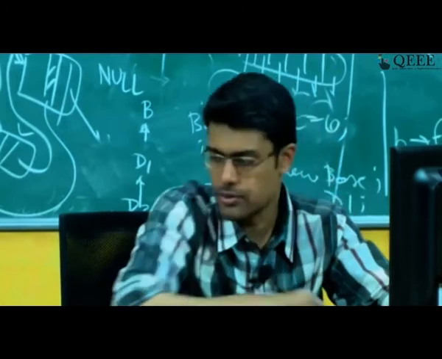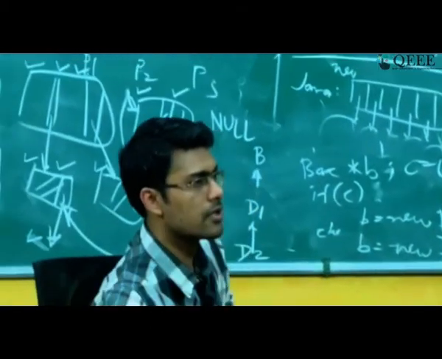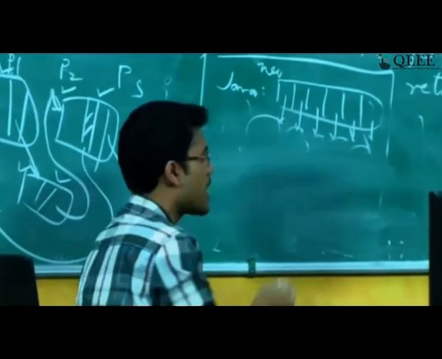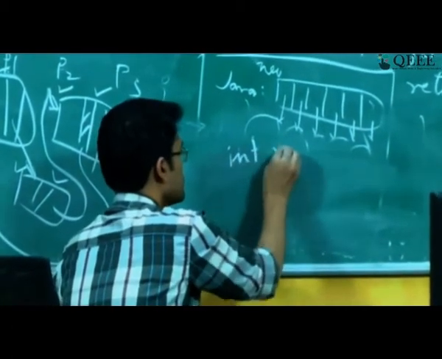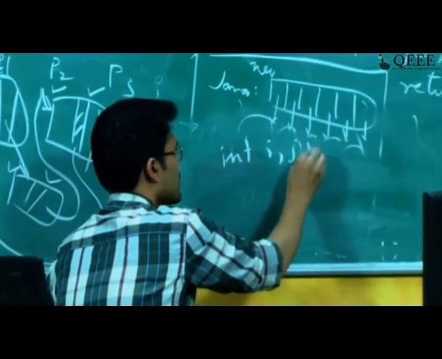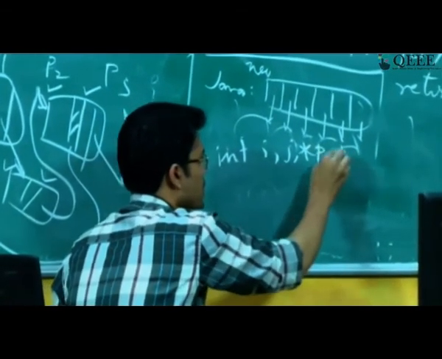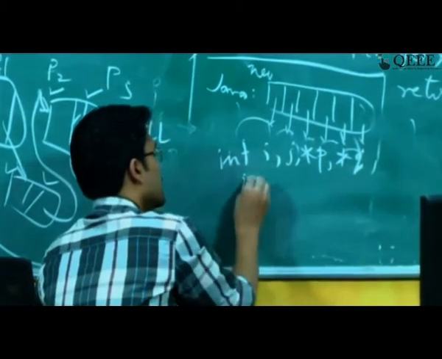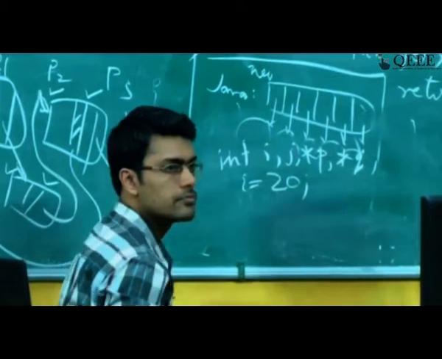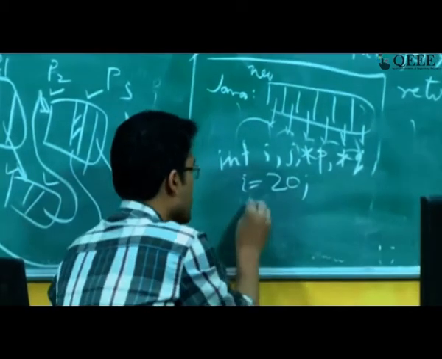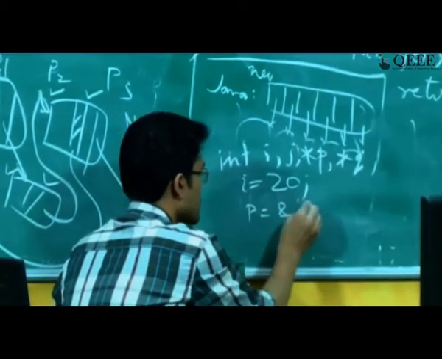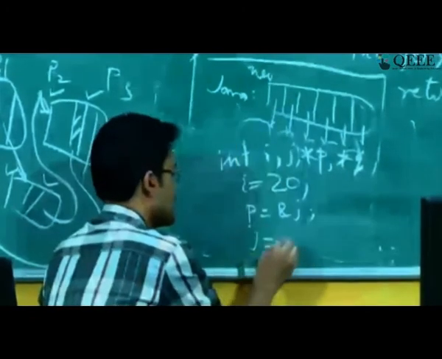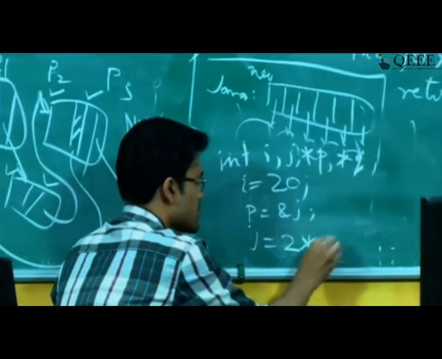Okay, so let me write down the question here in case you are not able to see that. So we have int i, j, and then star p, star q, I suppose, and then i equal to 20, p equal to ampersand of j, and then j equal to 2 into star p.